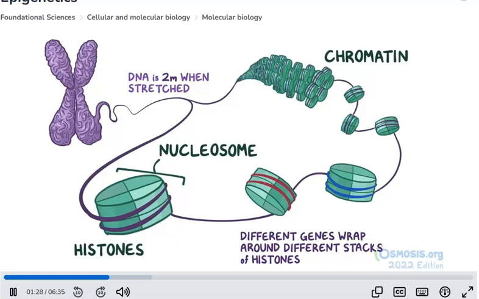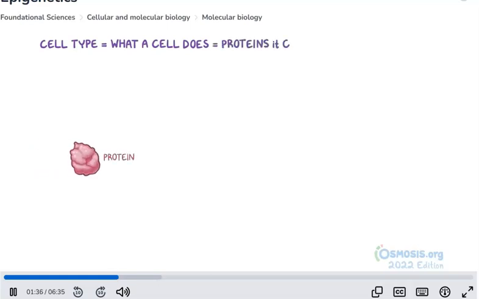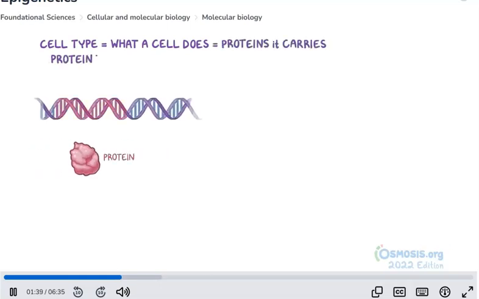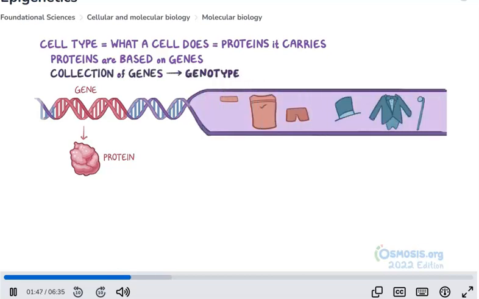Now, a cell type boils down to what a cell does, and in turn, what a cell type does boils down to the kinds of proteins it makes to carry out its role. Proteins are made based on genes, so our collection of genes, or genotype, is actually like an incredible wardrobe. It contains something for every occasion. And different cell types wear different attires. For example, our muscle cells are usually doing the hard work of contracting and relaxing all day, so they'd require the equivalent of athletic gear to do their job.